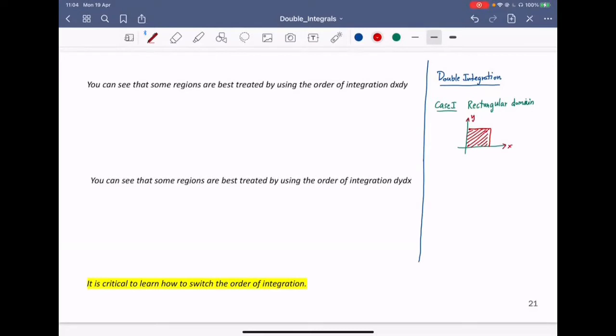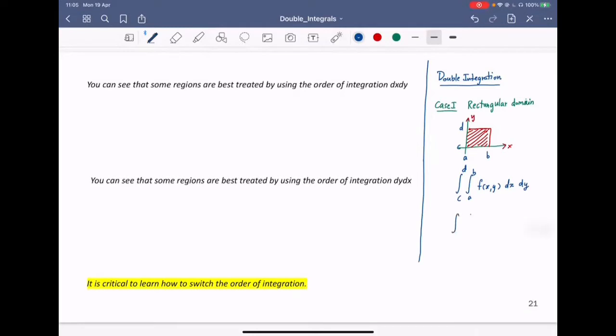It's easy to integrate over this area because if you know that x is from A to B and y is from C to D, your integration is going to be the integral of your function f(x,y) dx, x from A to B, and dy, y from C to D, right? That is how you integrate on the rectangular domain. A, B, C, D are just numbers, so it's easy to integrate.